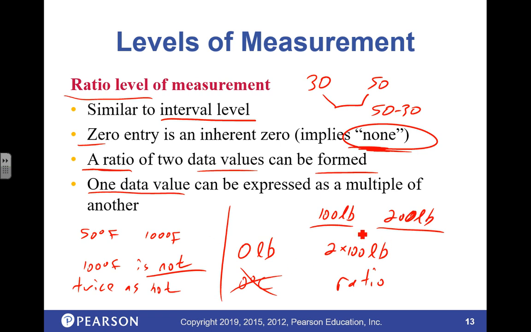So if multiples make sense, that's a ratio value. If multiples do not make sense, then that is not a ratio value. That's just an interval value.